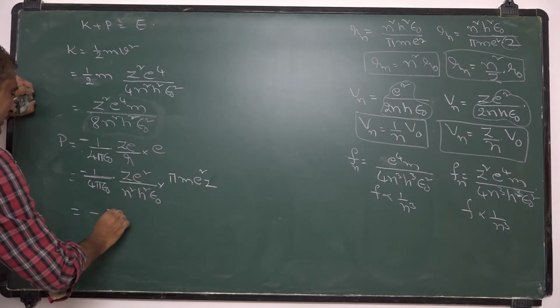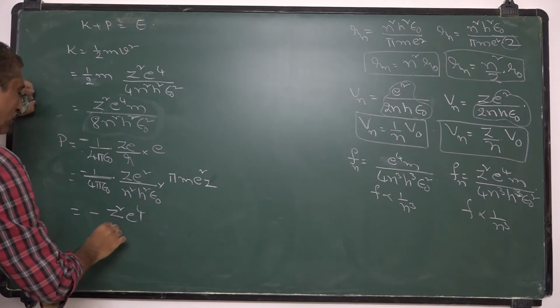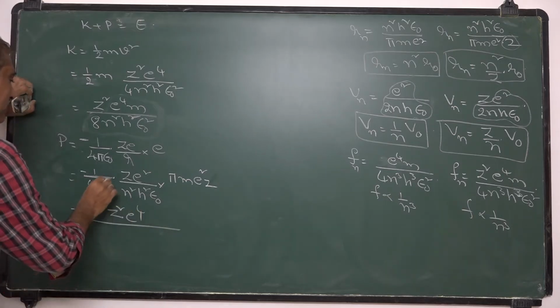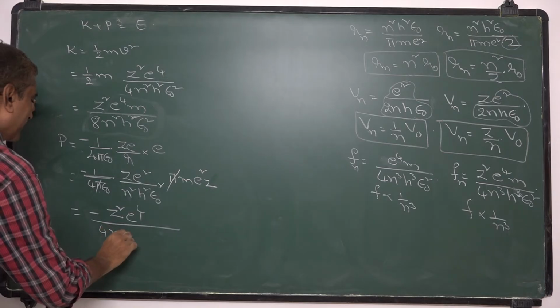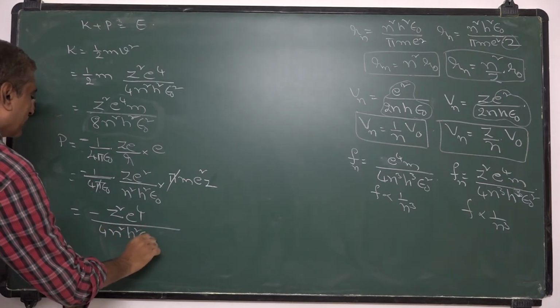So minus Z square e power 4 divided by, this pi will get cancelled, so 4 n square h square epsilon naught square.